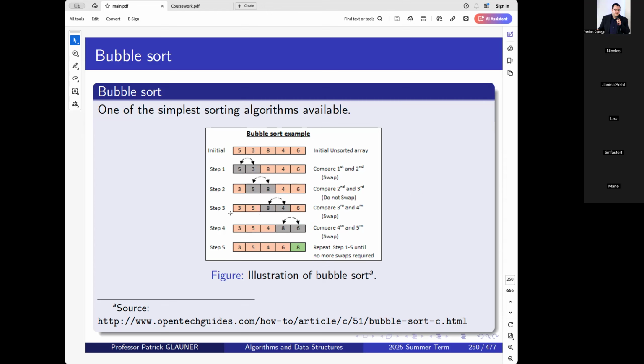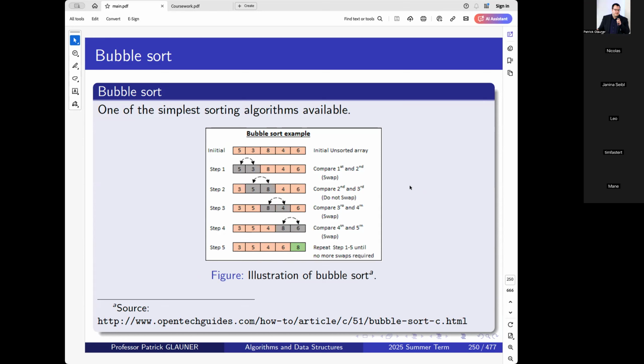So we've done now one pass through our data set. We've swapped the 5 and 3, the 4 and 8, and you see the 8 got moved to the fourth spot, because we've swapped 8 and 4, and then we compared 8 and 6, and we also swapped them.